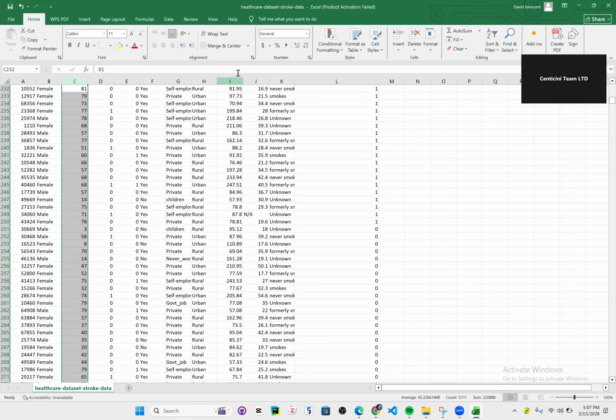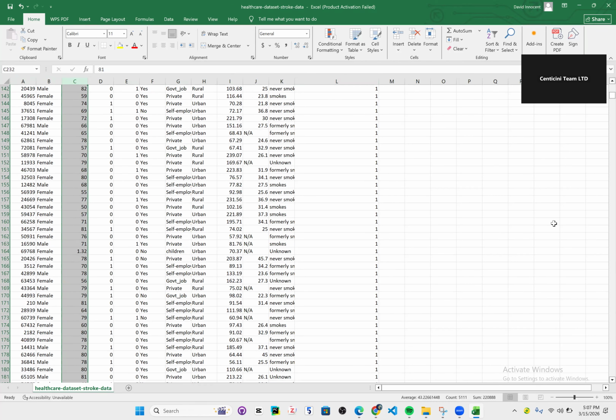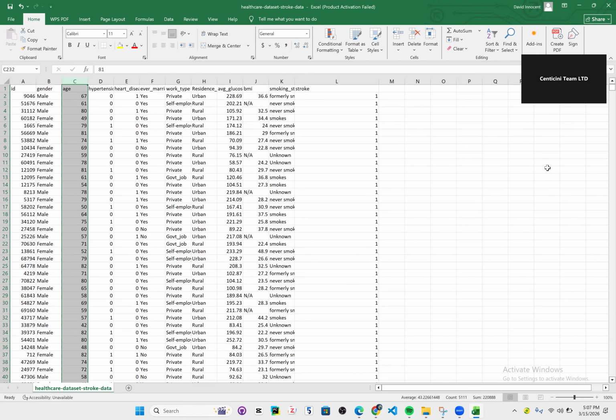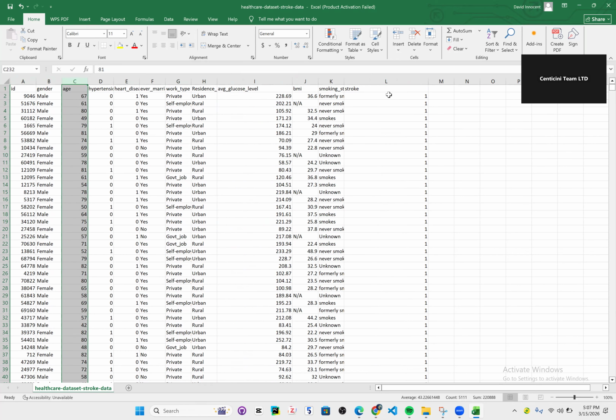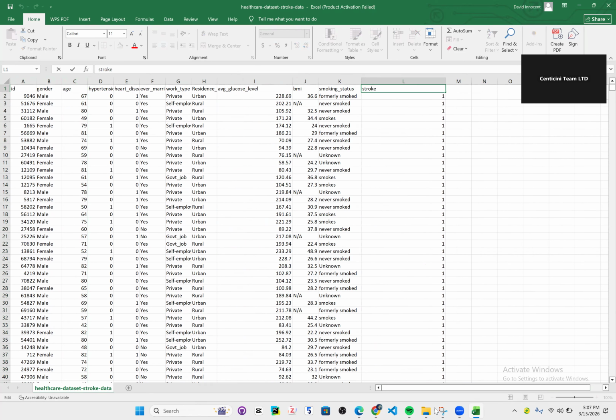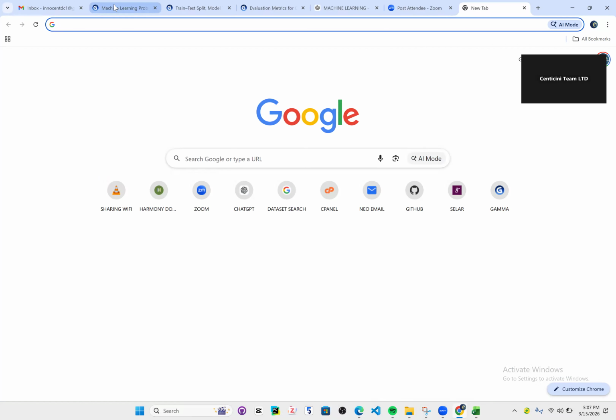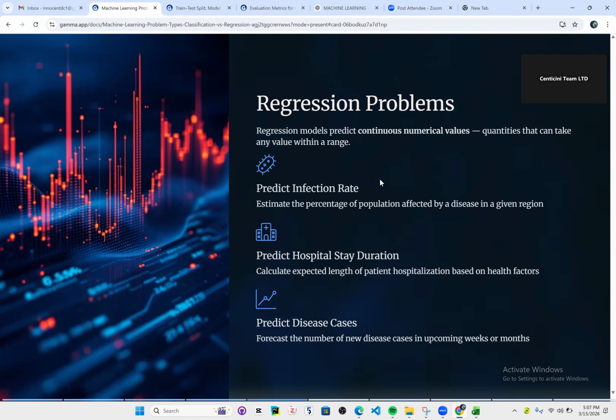Now let's assume I'm just going to scroll up. Let's assume we want to build a machine learning model with this, and the last one is presence of stroke, which is what we have here. Let's say, for example, infectious rates.